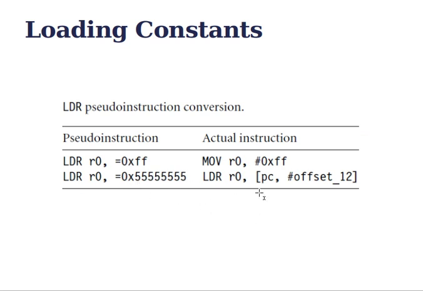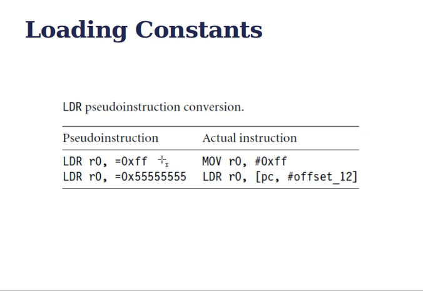an equivalent instruction which involves the program counter. Let's assume there is some default address. The PC plus an offset value will give you this particular value. Let's assume that PC is equal to 0 right now, and the offset is 555. So 0 plus 555 will give you this particular address. When this instruction is assembled by the assembler, it is going to be replaced with the actual instruction like this.